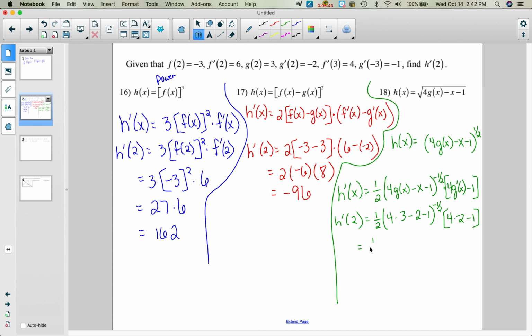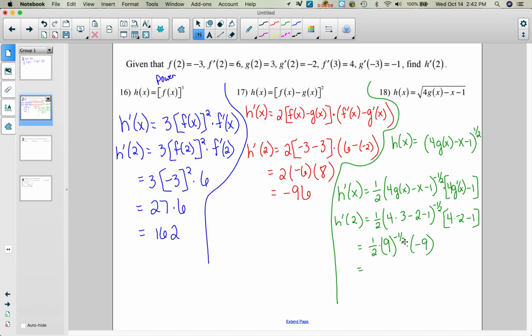So I get 1/2. Here I'm going to have 4 times 3 is 12, minus 2 is 10, minus 1 is 9. So I get 9. I'm going to leave it like this so that I don't make a careless mistake here. So here we're going to have negative 8 minus 1, which is negative 9.